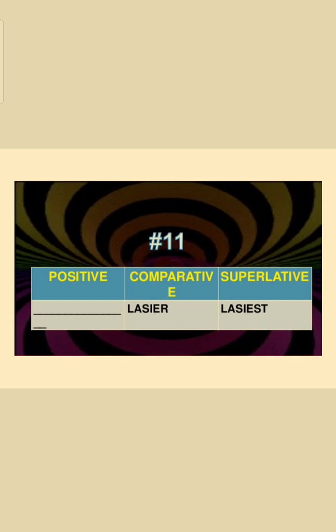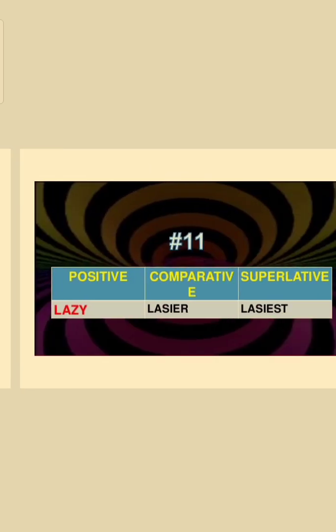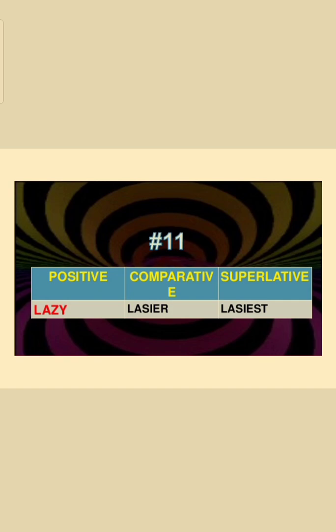Positive, comparative and superlative. Here comparative and superlative degrees are given. So what will be the positive degree? Lazier, laziest. Yes, take 2 seconds, just think about it. It will be lazy. So lazy, lazier, laziest.